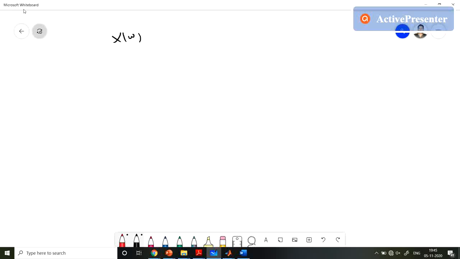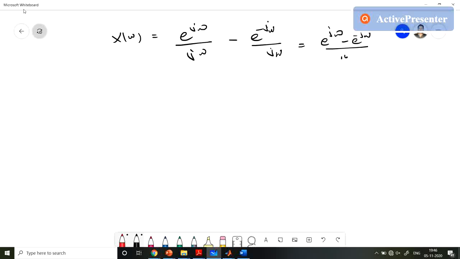So the solution of this problem is e raised to the power j omega divided by j omega minus e raised to the power minus j omega divided by j omega.